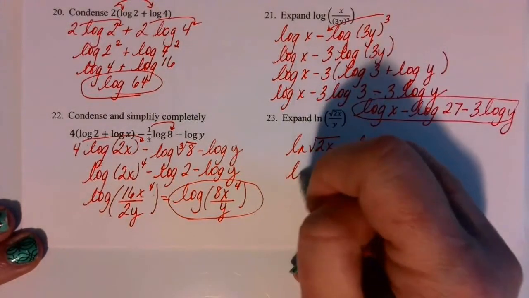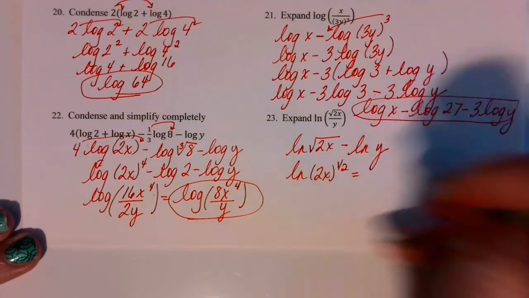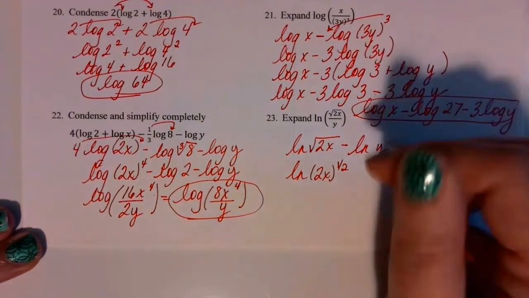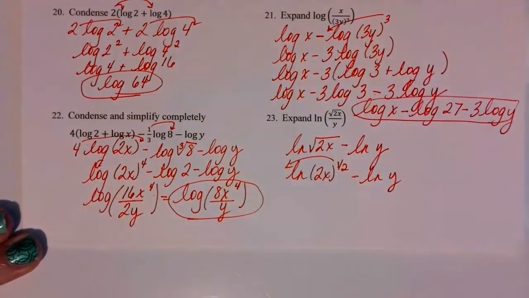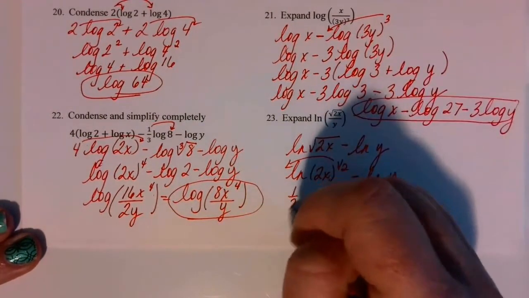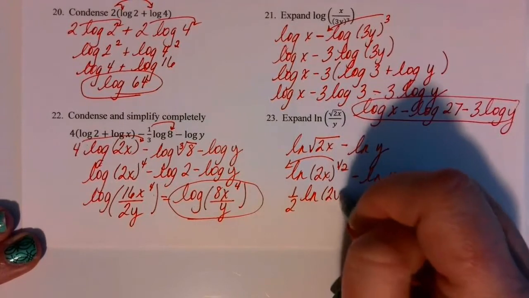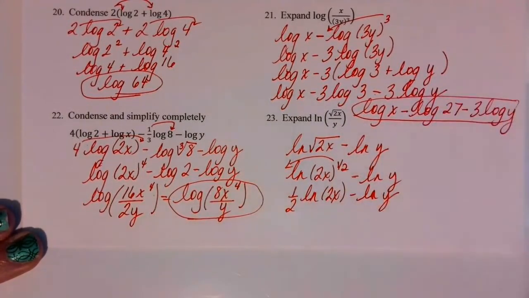The natural log of 2x raised to the 1/2 power would be another way that we could represent that square root. And that allows us then to use the power property to move that exponent as a coefficient. So 1/2 natural log of the quantity 2x minus the natural log of y.